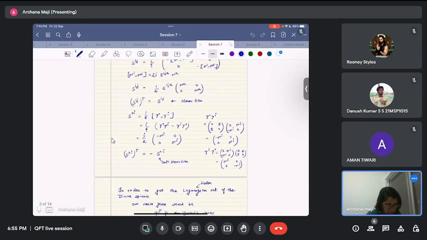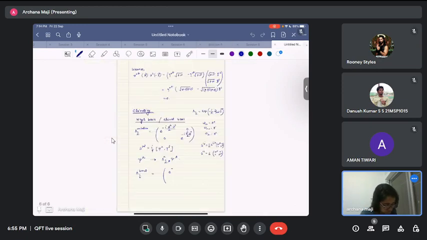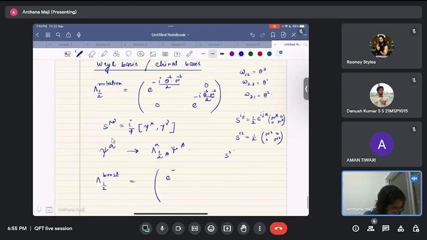So S0i was i over 2 minus sigma i 0 0 sigma i. So just like Sij is that quantity, we also derived S0i, which turns out to be i over 2 minus sigma i 0 0 sigma i.